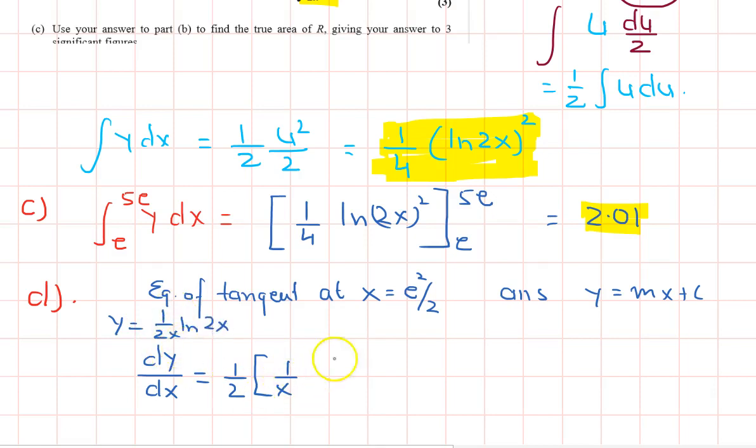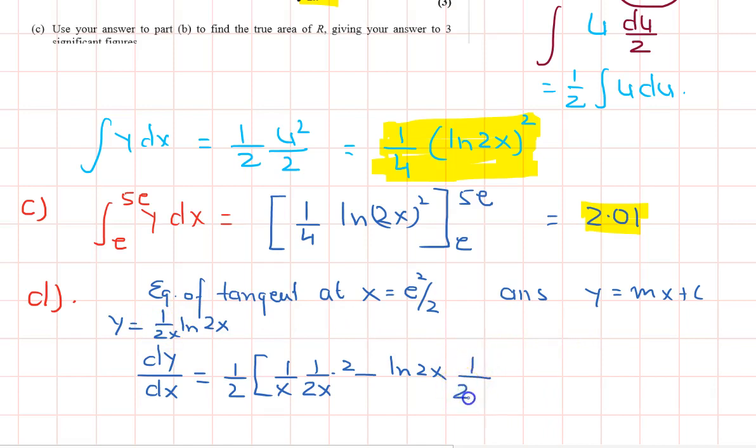First function 1 over x into differential of second, 1 over 2x into 2, minus ln 2x into differential of 1 over x.